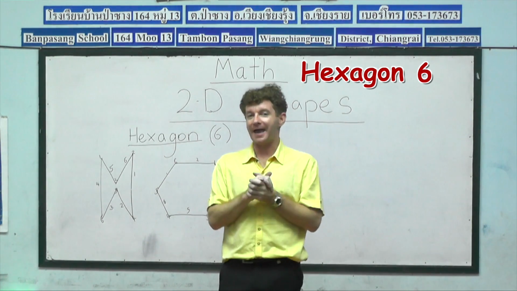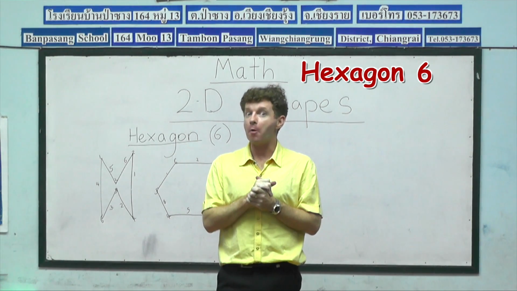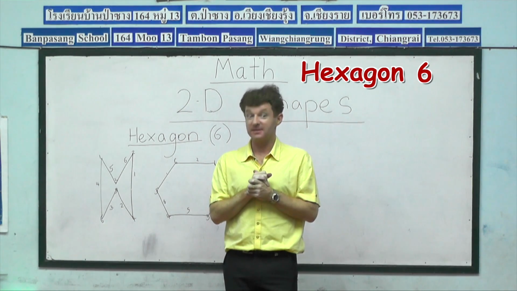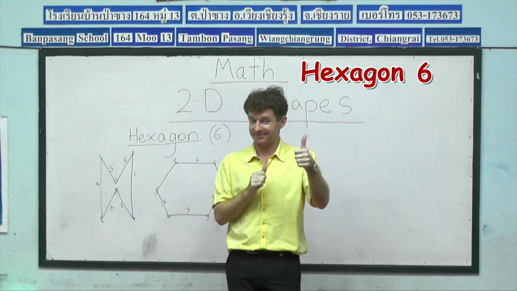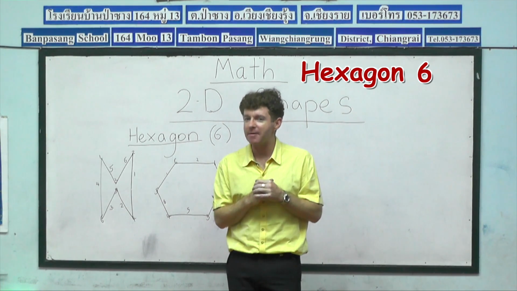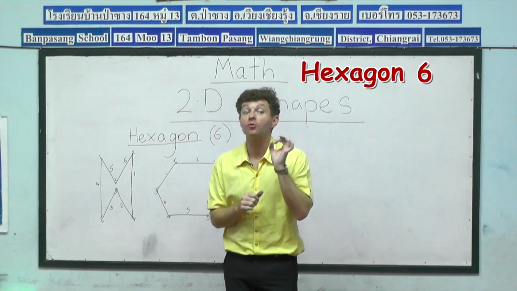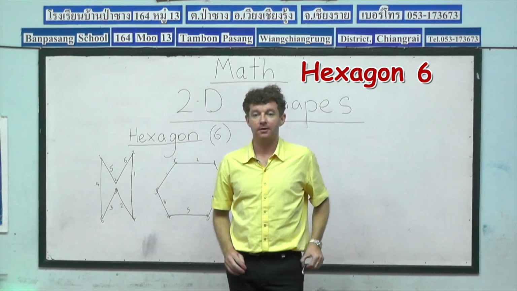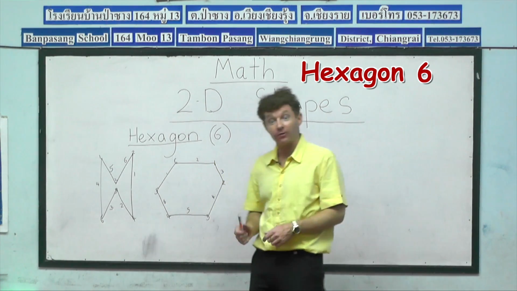And who can guess in this lesson how many sides we're going to look at in our shape? 7. Well guessed. Does anybody know what the shapes are called that have 7? Sounds similar to hexagon. We just change a couple of letters. Heptagons, yes.